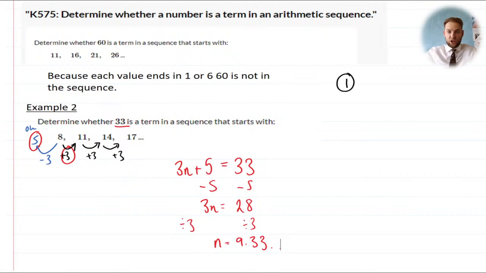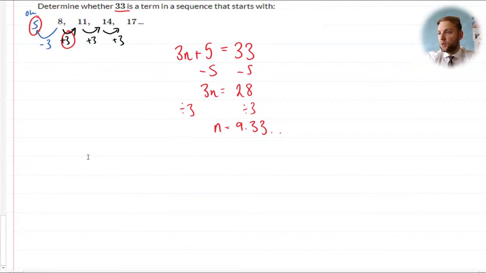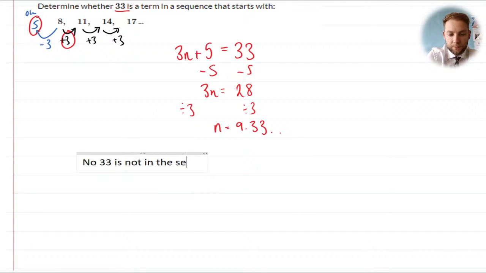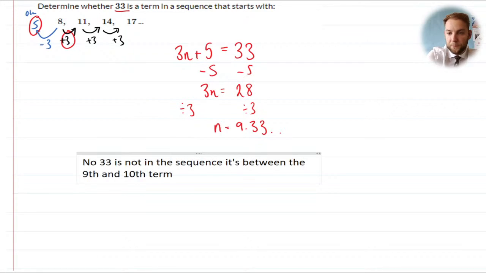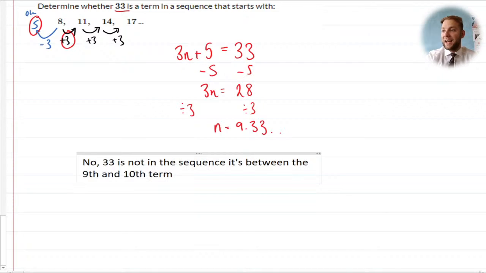So the answer is no, 33 is not in the sequence. It's between the 9th and 10th term.